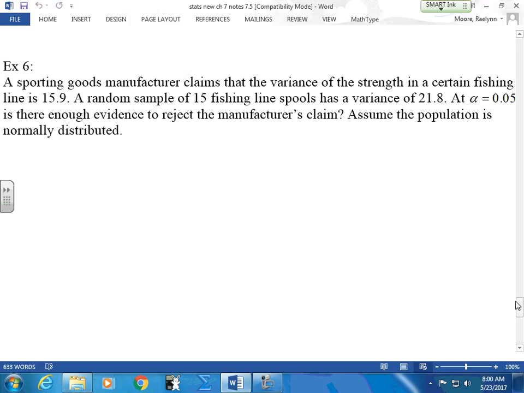A sporting goods company claims, here's my claim, that the variance, and what population symbol do I use for variance? Sigma squared. Good. Of the strength of a certain fishing line is 15.9.